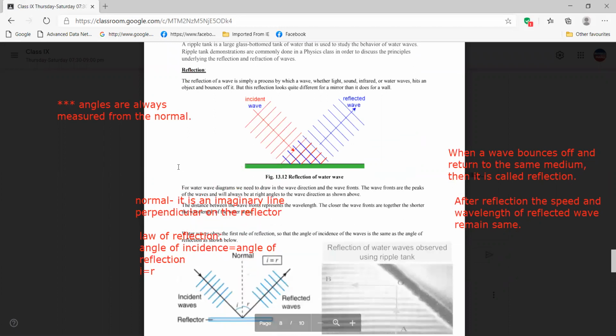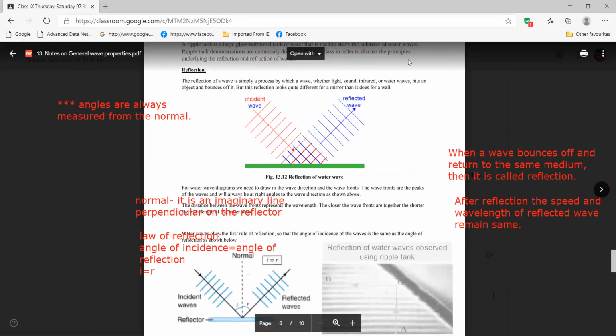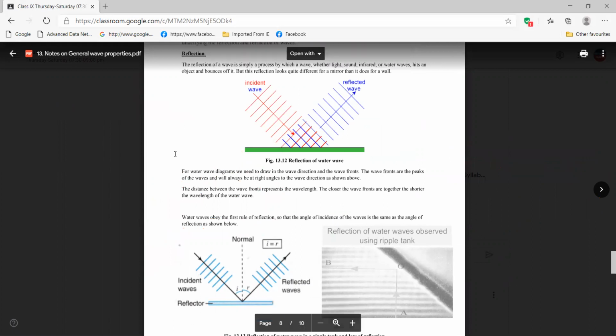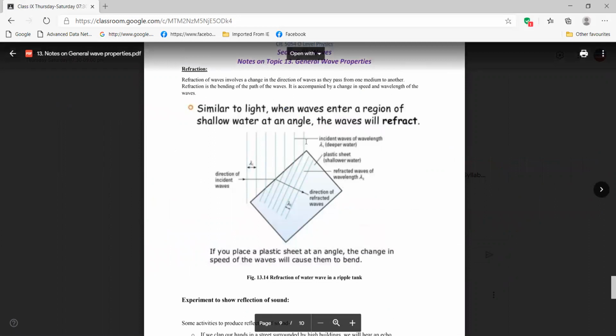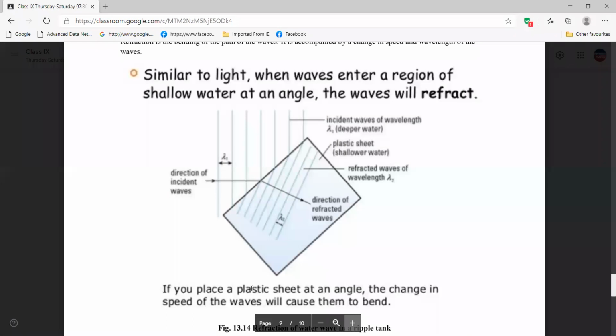Then you write the heading refraction. First understand what is called refraction.